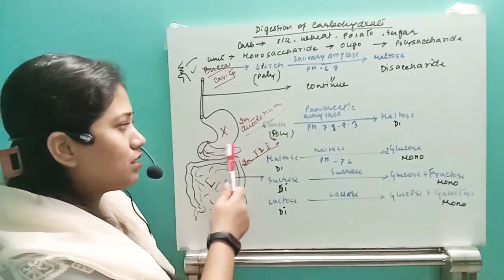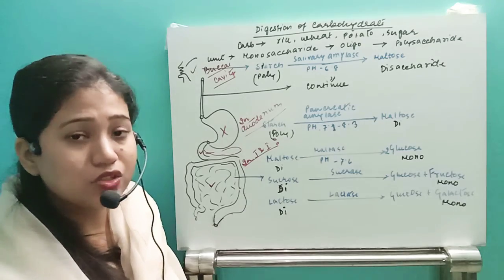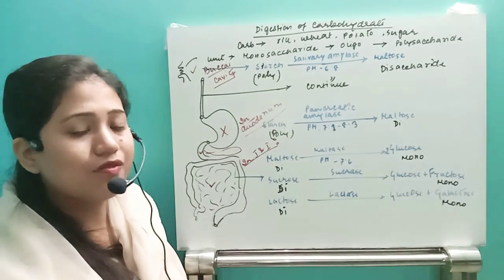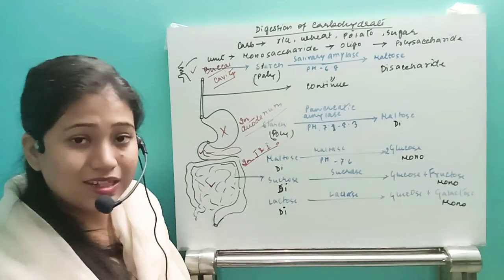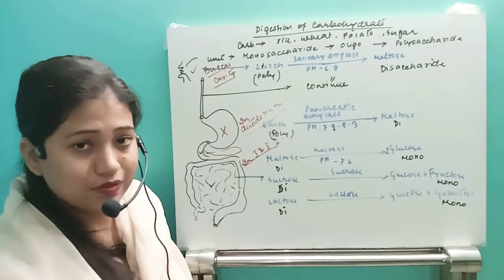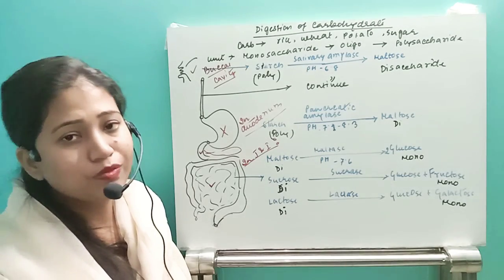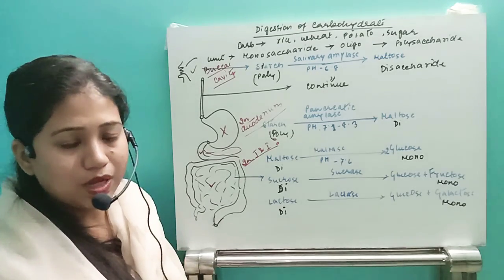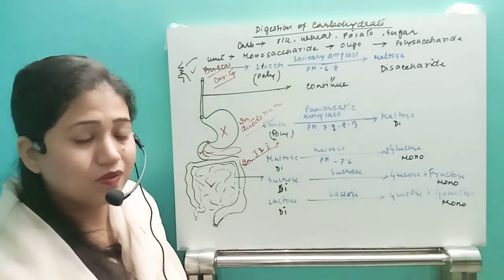So in the stomach the pH changes to 1.2, and the salivary amylase is present but not able to work; it gets deactivated. Then another enzyme, pepsin, starts activating and works on the protein. So in the stomach region, the carbohydrate will not be digested because of the change in pH.